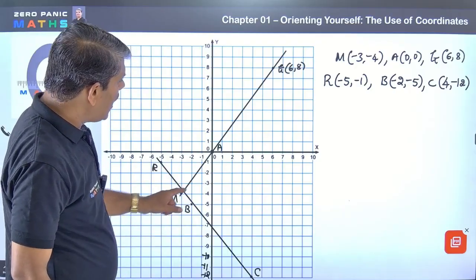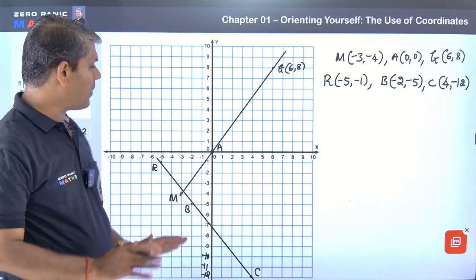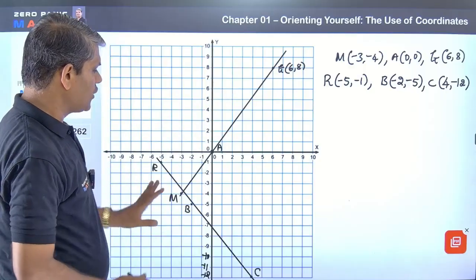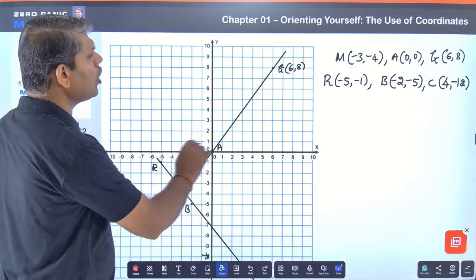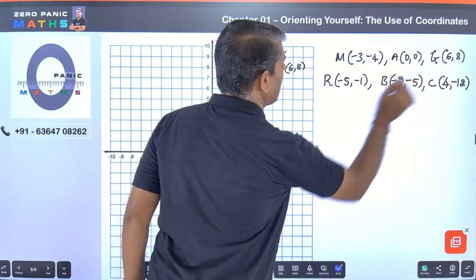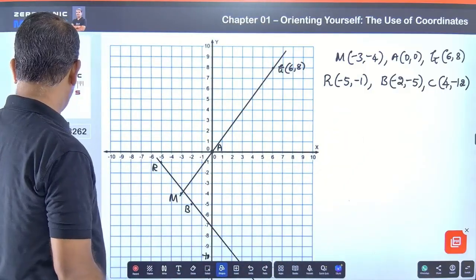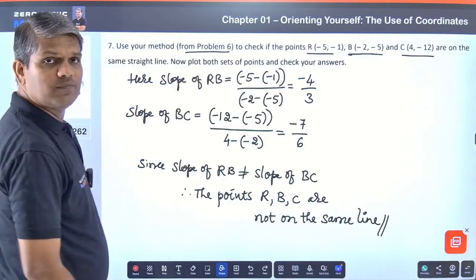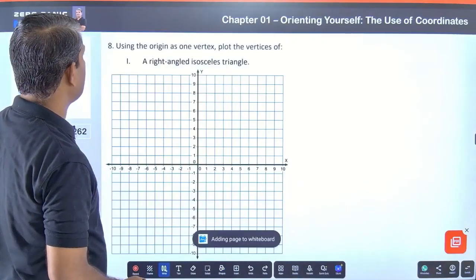As you can see, on the line between M and G, A passes exactly through that point. So practically also we have seen that R, B, C are not on the same straight line. So this is about the seventh problem. Understood this? Let us quickly move to the next problem.